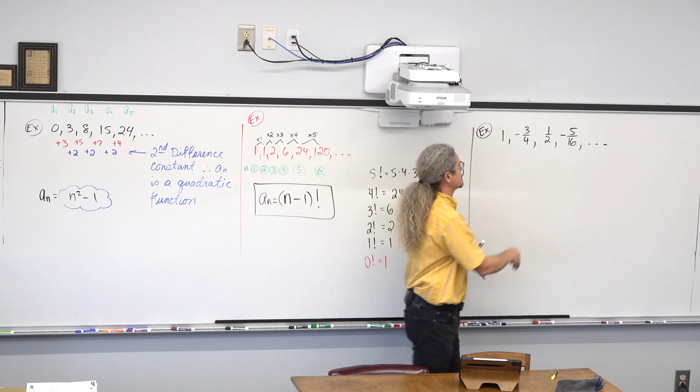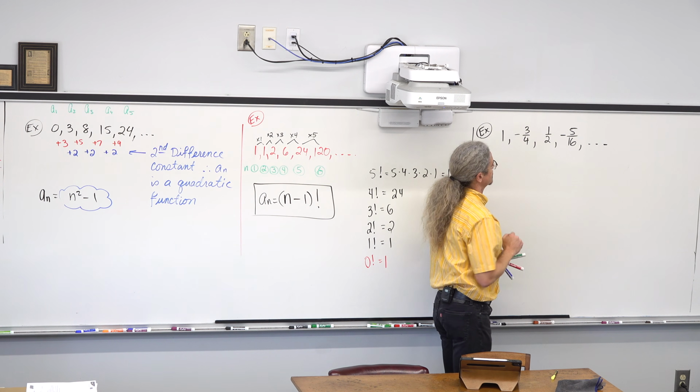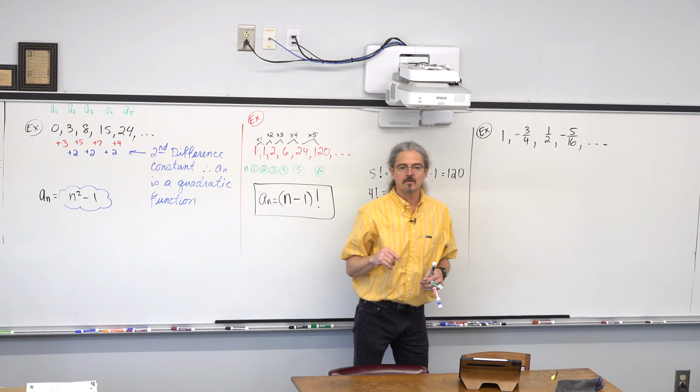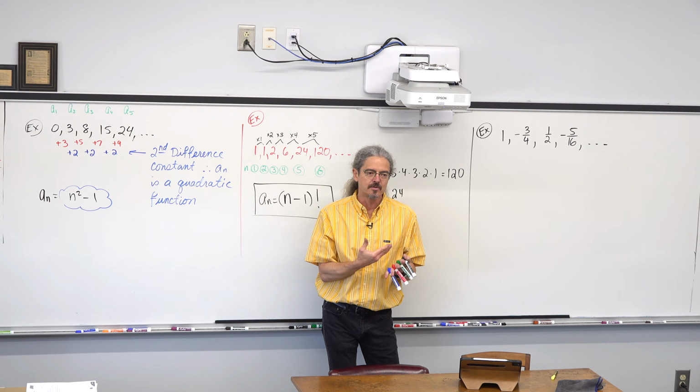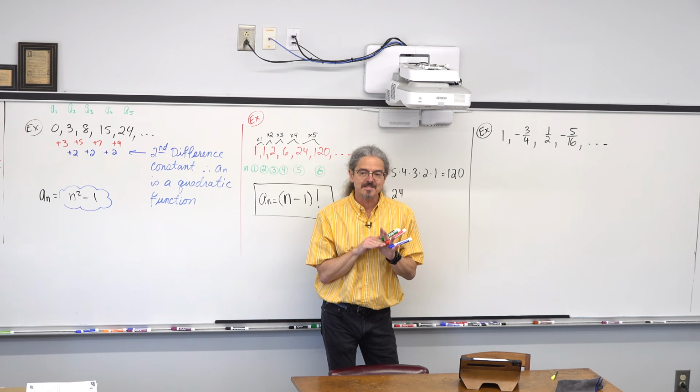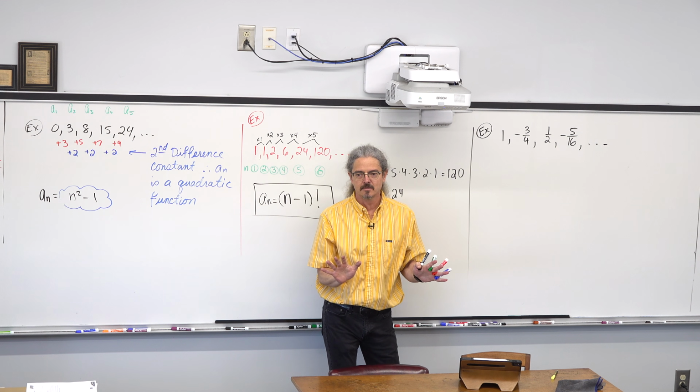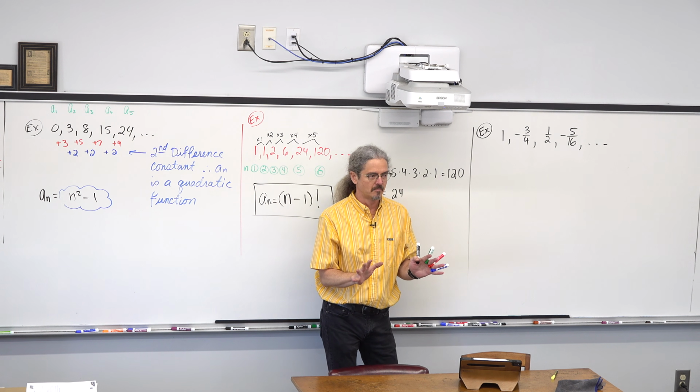But when you have sequences that start to involve fractions, then you want to have everything look like a fraction, and you want to handle the numerator and denominator as completely separate problems. That'll make it much, much easier to work these out.